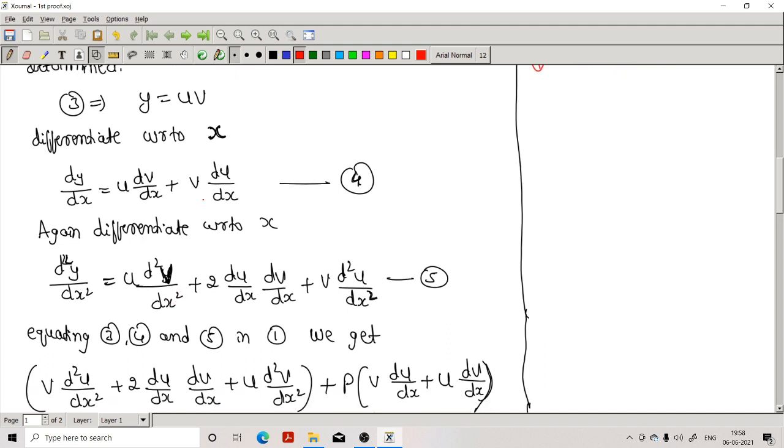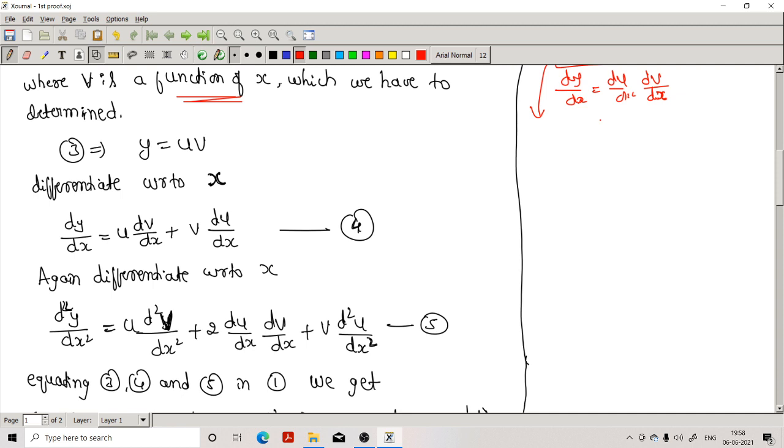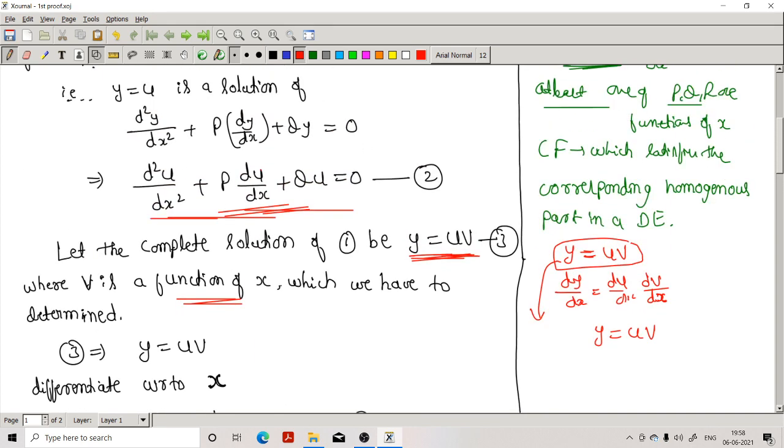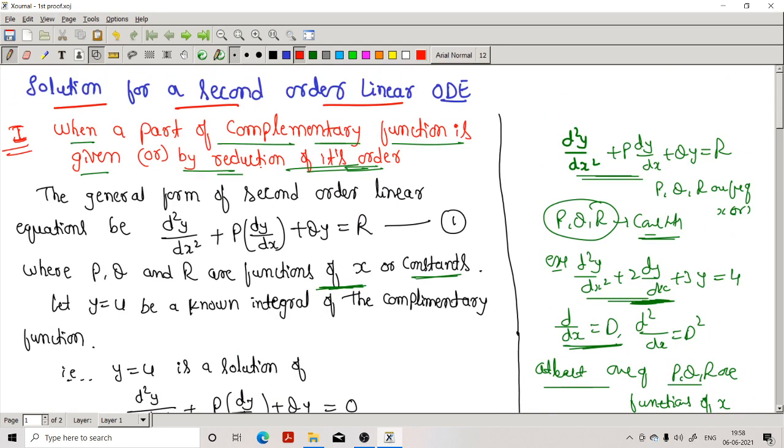Therefore, now we have y is u into v, and we also have dy by dx, and we also have d square y by dx square. Just simplify, or substitute these expressions into the given equation. This is the given equation.